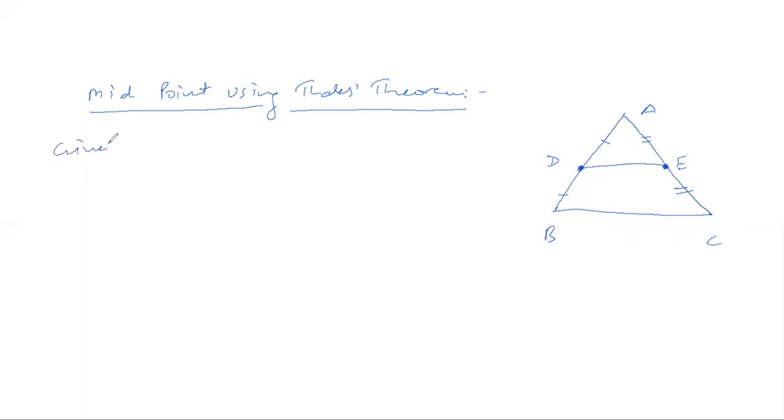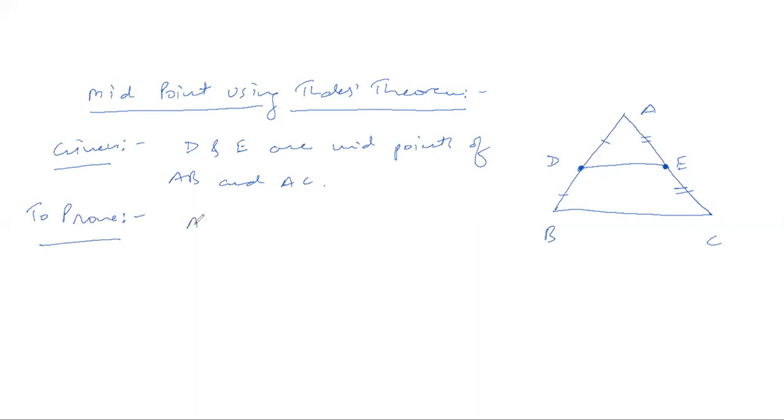So what is given to us over here is that D and E are midpoints of AB and AC. Okay, and what we need to prove, let's see that also.